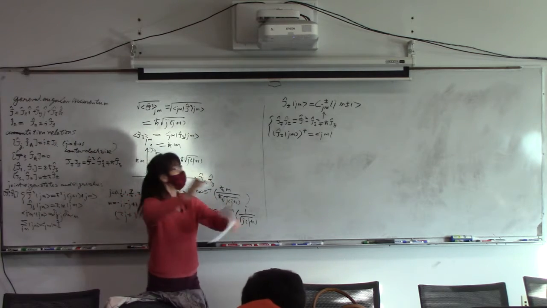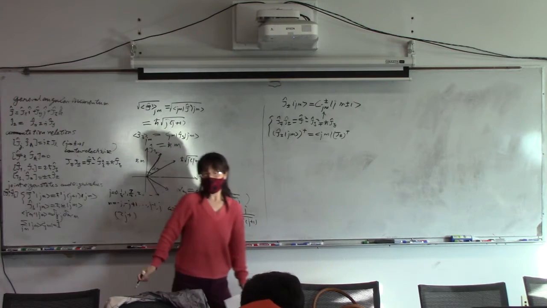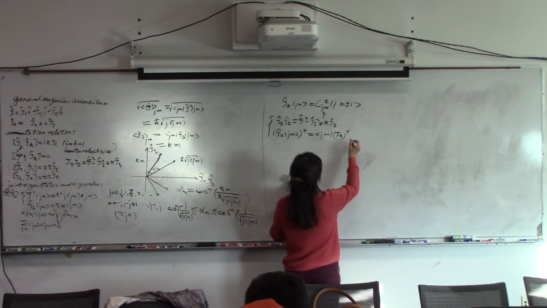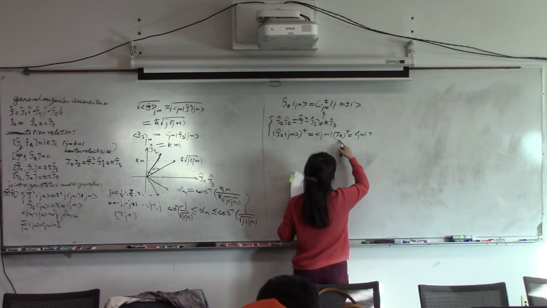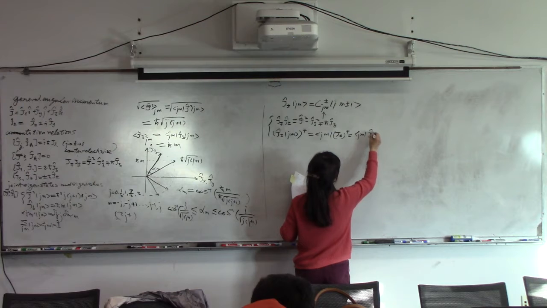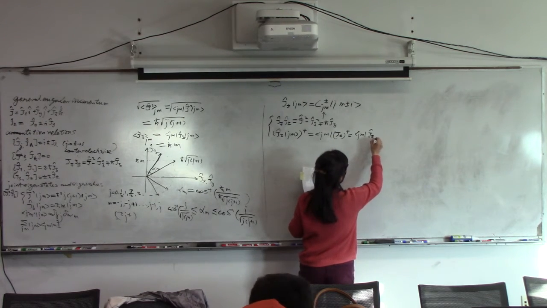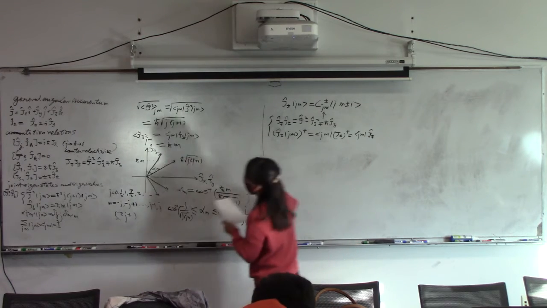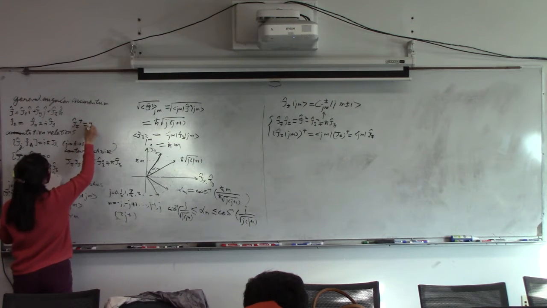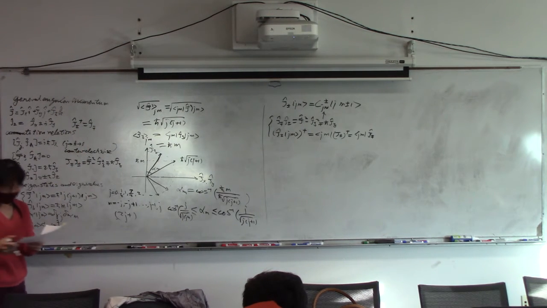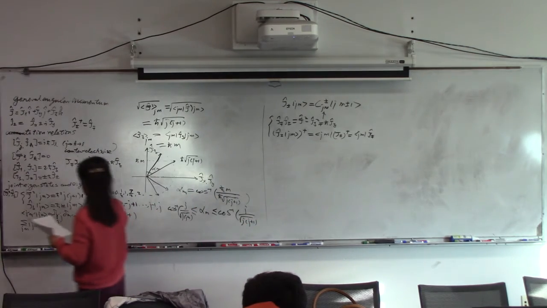And the operator takes the complex conjugate, and if you remember, this is not Hermitian conjugate, it's just complex conjugate: minus became plus, plus became minus. Okay, we are going to use this.